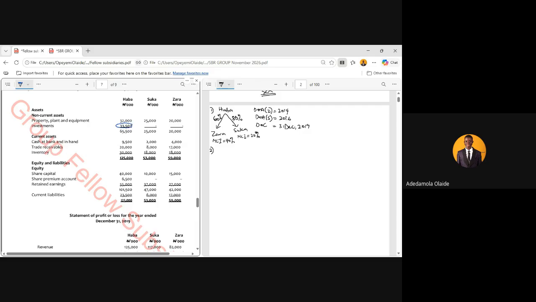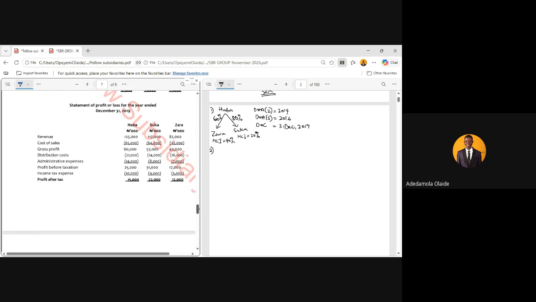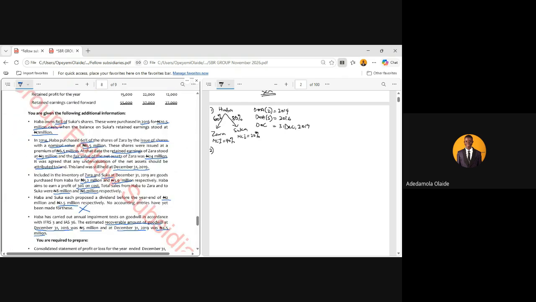How did they come about 33.5 million? They paid 20.5 million to acquire Suka. They paid 6.5 and 6.5 to acquire Zara. 6.5 plus 6.5 is 13, plus 20.5, that is 33.5. That is what makes up their investment.